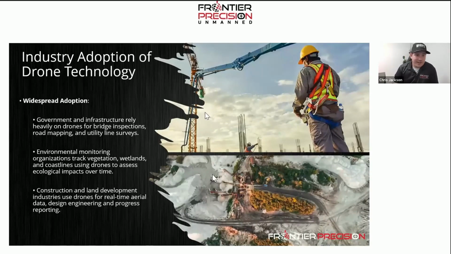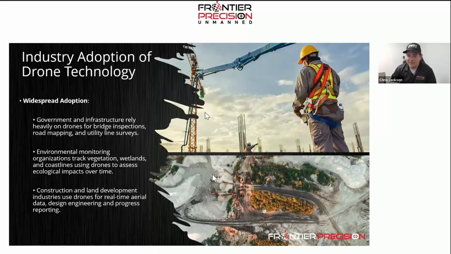And then industry adoption. A lot of this is, we can all pretty much think of a new use case nearly every day for a drone, but just to highlight a few of the ways that it's being onboarded. Governments are using it a lot for infrastructure, roads, bridges, power lines, railroads.